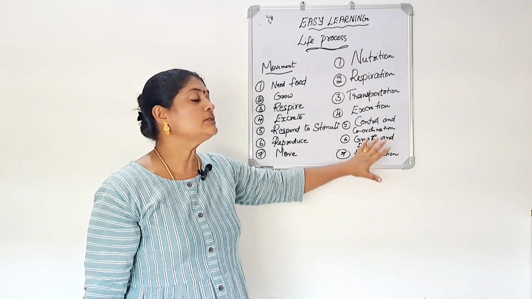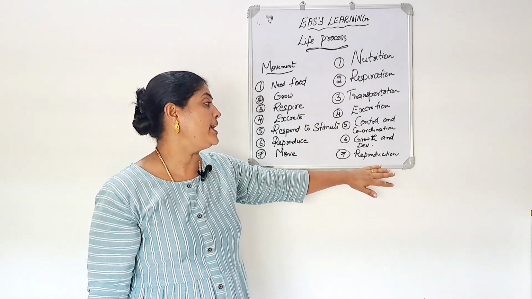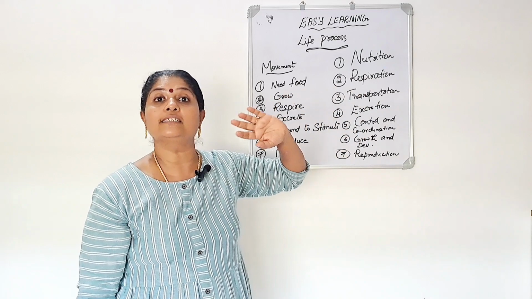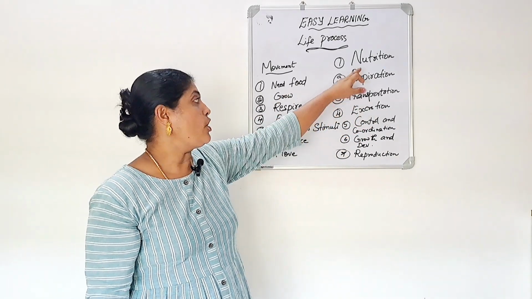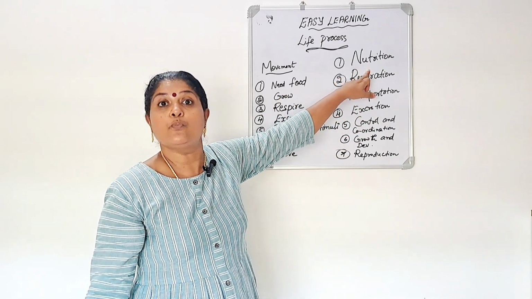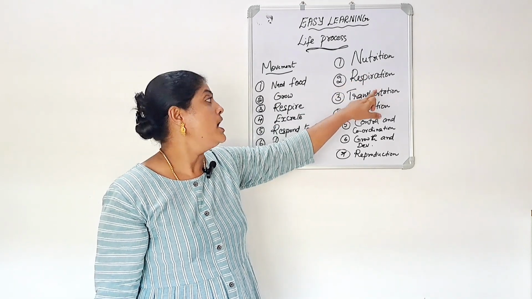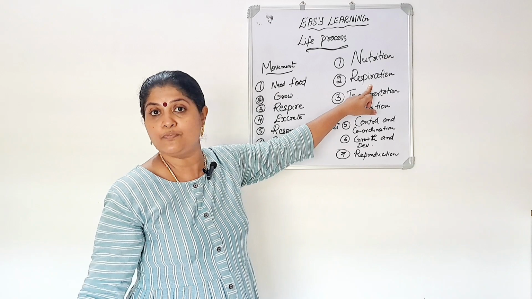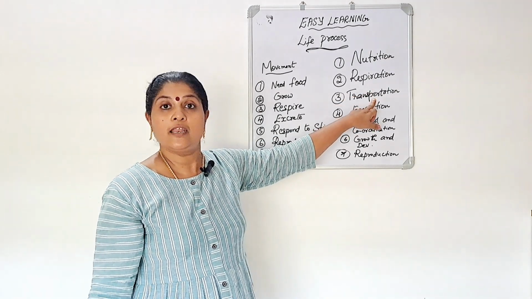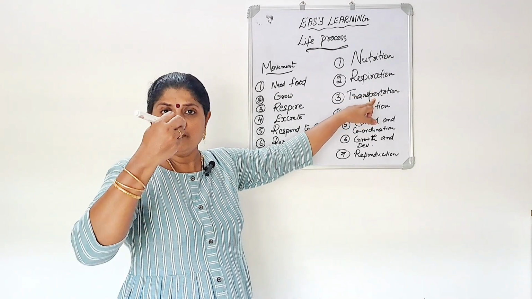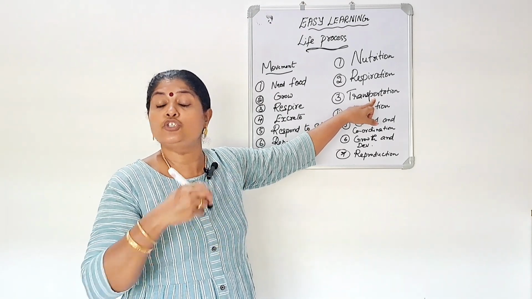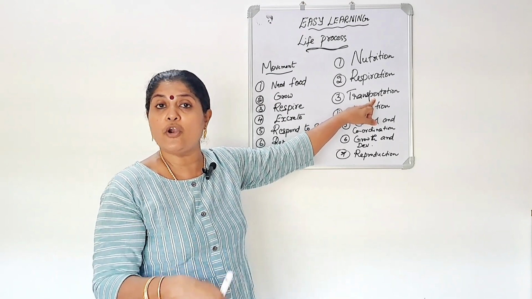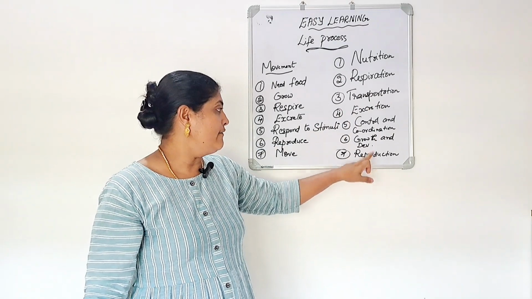All these are considered to be basic functions. Without these functions, the organism cannot be alive, because food is necessary for the organism to live. Respiration is necessary: they have to take in oxygen and give out carbon dioxide. Transportation: whatever is taken inside the body should be transported to every part of the body for growth and development.